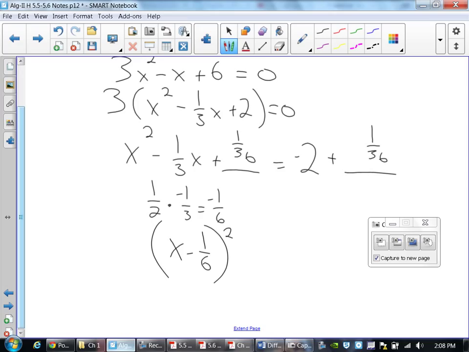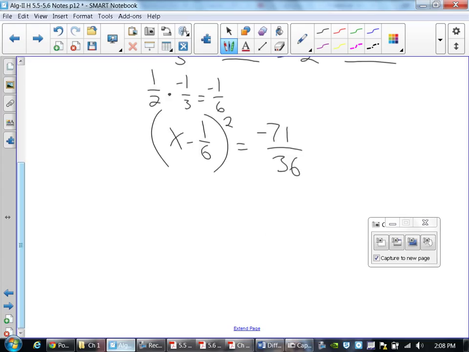Use your calculator, type in -2 plus the fraction of 1/36, and lo and behold, you get -71/36. Notice that you once again want to put a very user-friendly fraction that you take the square root of. In doing that, you wind up with x minus 1/6 is plus or minus the square root of -71/6.